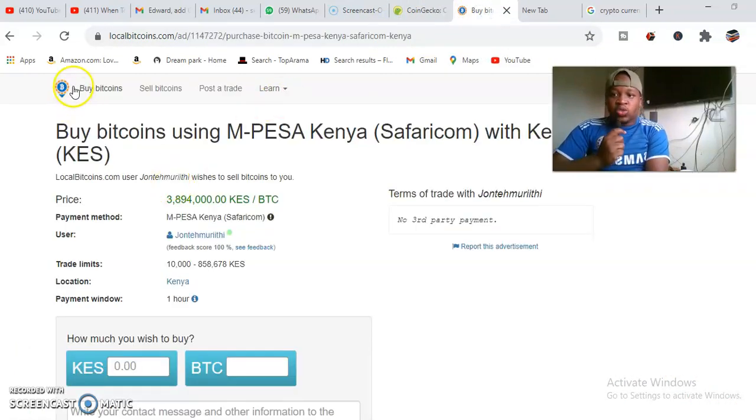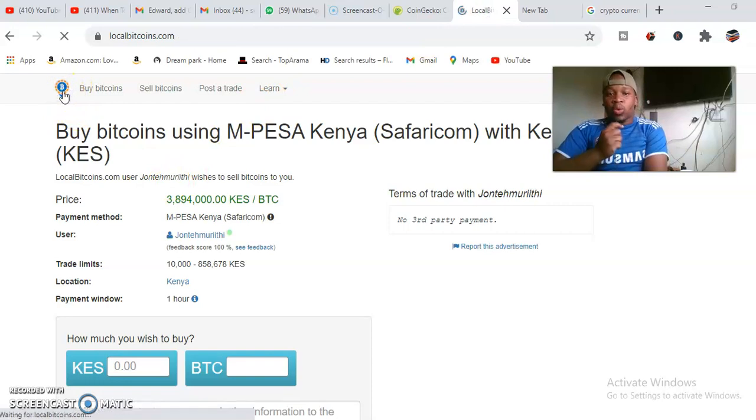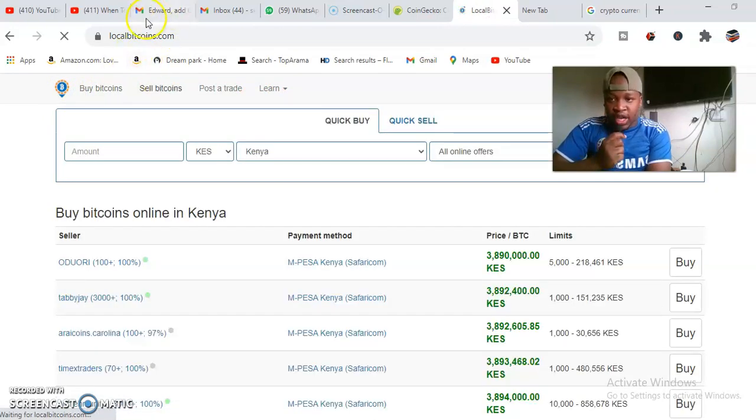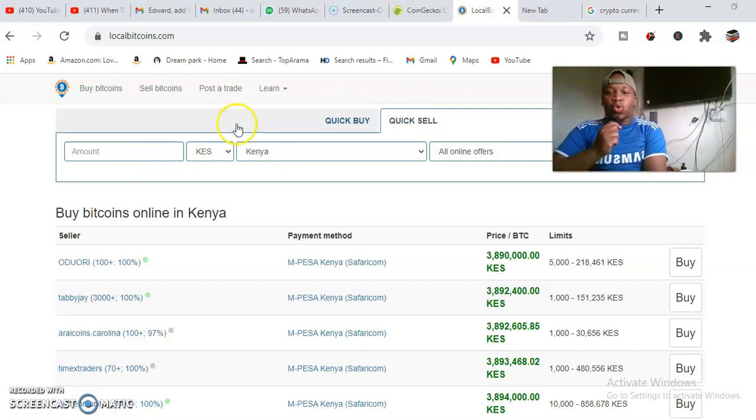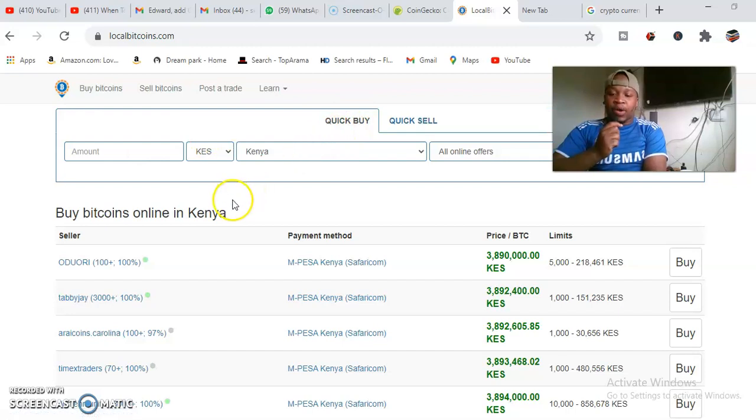Once we are selling Bitcoin, we'll sell it at LocalBitcoins. This LocalBitcoins platform is where you can quickly sell or quickly buy. For us it will be quickly selling. But when you are buying cryptocurrency, you need to scrutinize the traders who are selling.